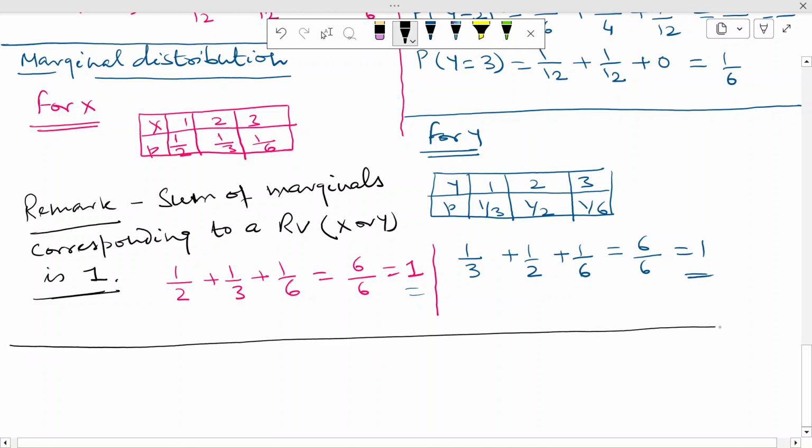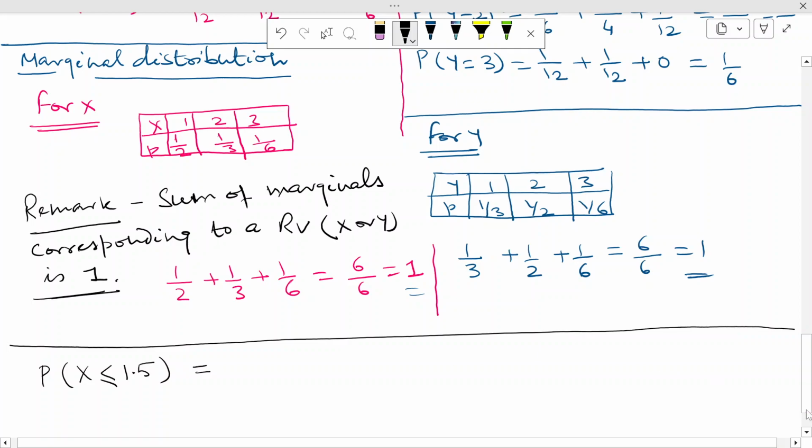Now next we are taking another problem which is based on the same table. Let's say we have to find the probability that x is less than or equal to 1.5.